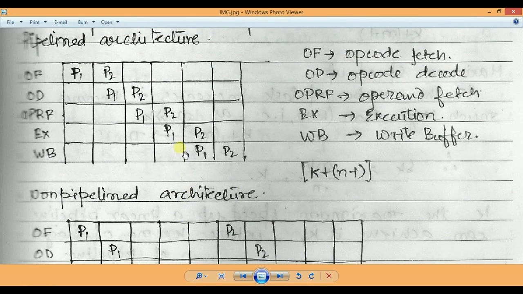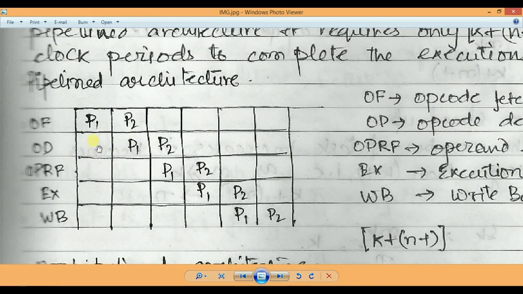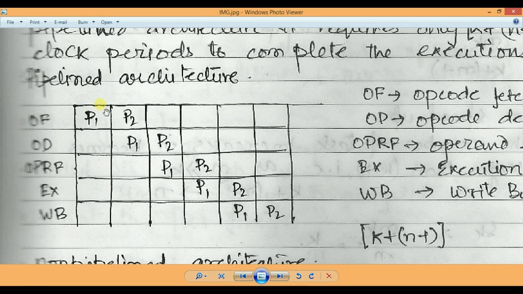But in case of a pipelined architecture, the system operates in this way actually. Suppose this is the clock cycle and these are the operations. In the first clock period, process 1's opcode fetch is done.